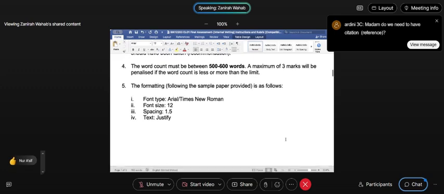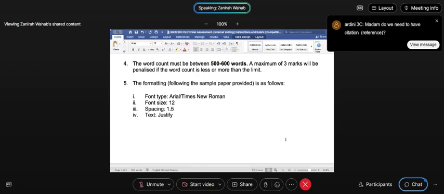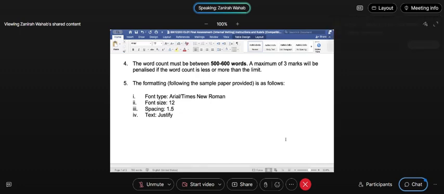So the word count is 500 to 600 words. Do not write below 500, because it's a waste of wording. You will be missing out a lot when you write less, or you waste a lot of words if you write more, because you have provided unnecessary information or you have rambled on about your issues.